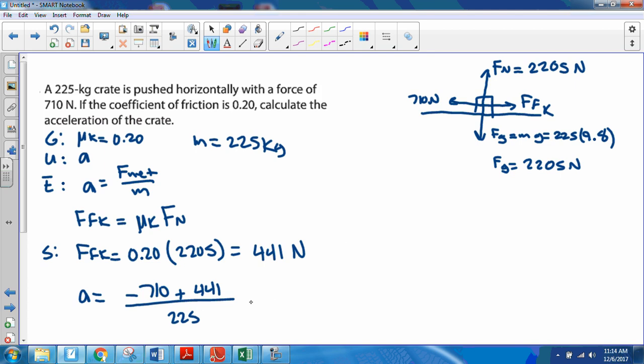All right, so what do y'all get for a? Negative 1.195. Yep, should be negative 1.2. So I'm going to write 1.2. What's the unit for acceleration? Meters per second squared. And which way?